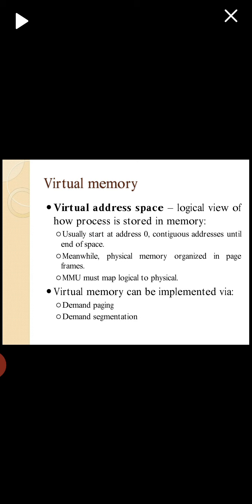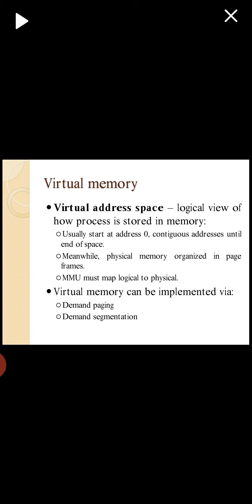In virtual memory, the virtual address space is the logical view of how a process is stored in memory. It usually starts at address 0, with contiguous addresses until the end of the space. Meanwhile, physical memory is organized in page frames. The MMU, that is the memory management unit, must map logical to physical.